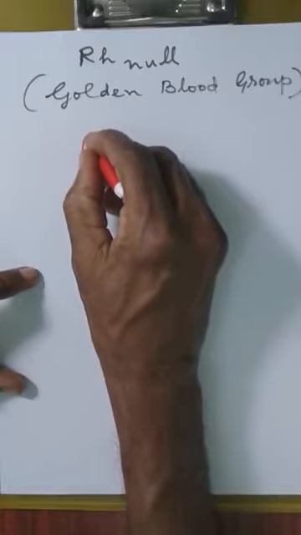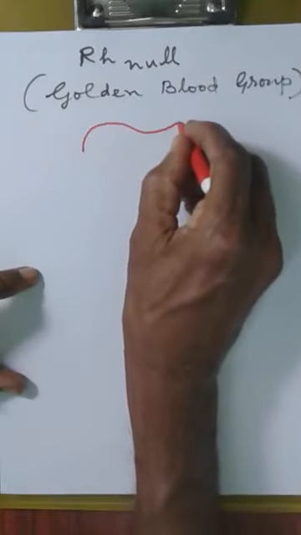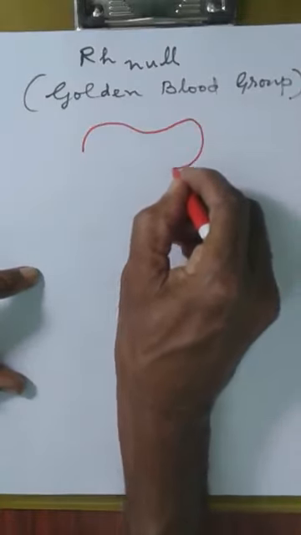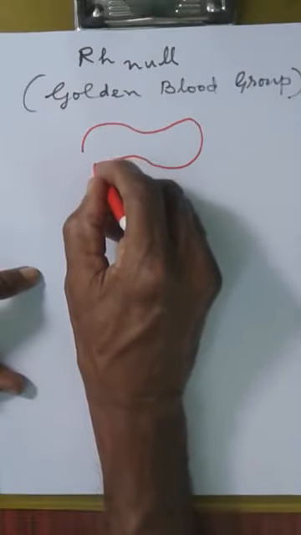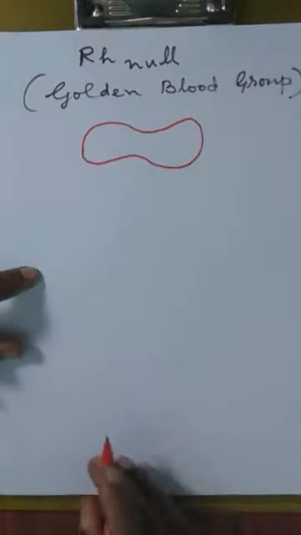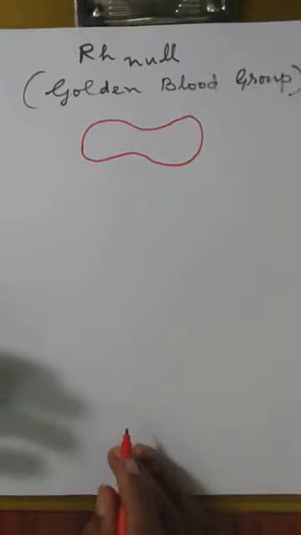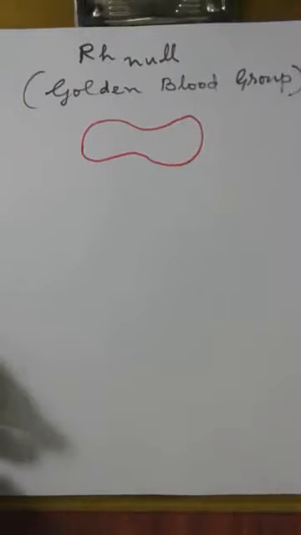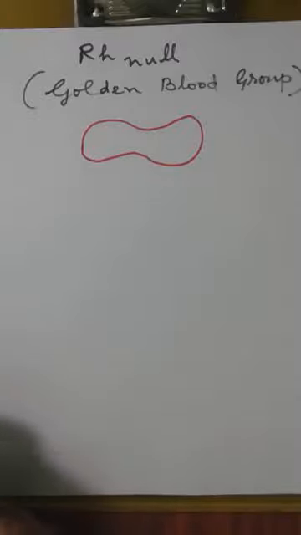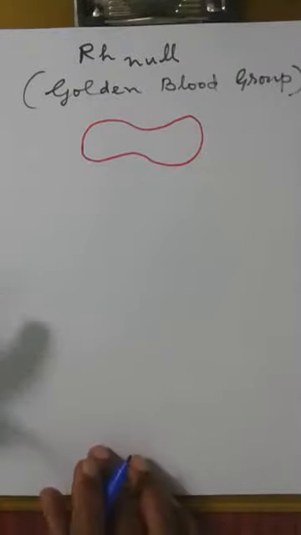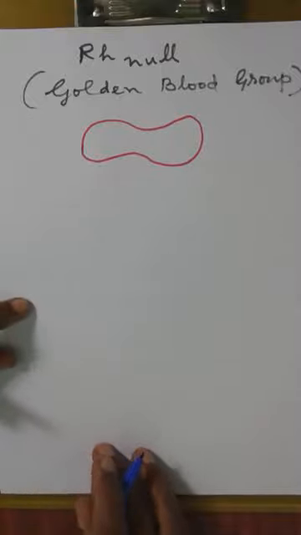Let this be a red blood cell. On the surface of this blood cell, there are antigens sticking on the surface.